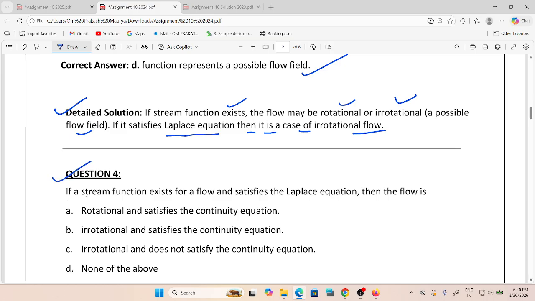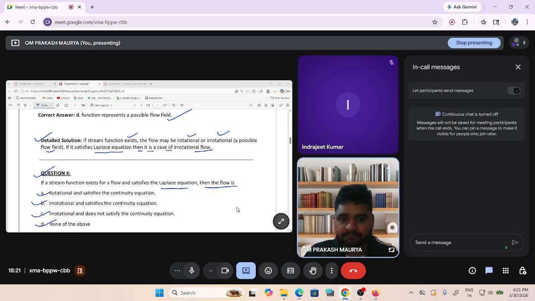Now question number 4. If a stream function exists for a flow and satisfies the Laplace equation, then the flow is: option A, rotational and satisfies the continuity equation; option B, irrotational and satisfies the continuity equation; option C, irrotational and does not satisfy the continuity equation; option D, none of the above. Please read the question very carefully and write your answer in the chat box. I am waiting.